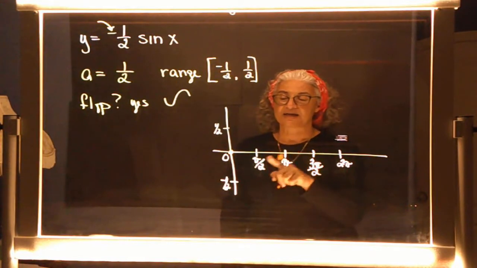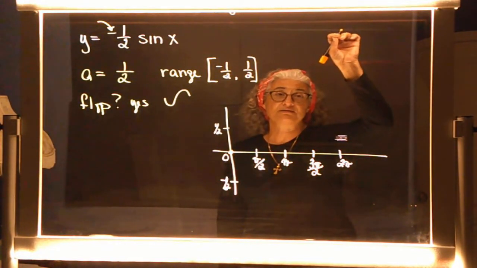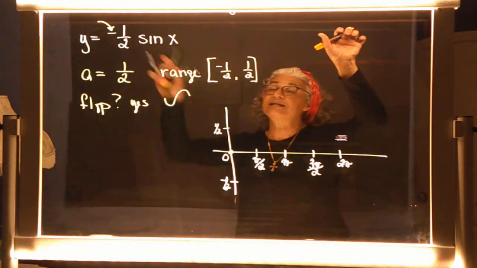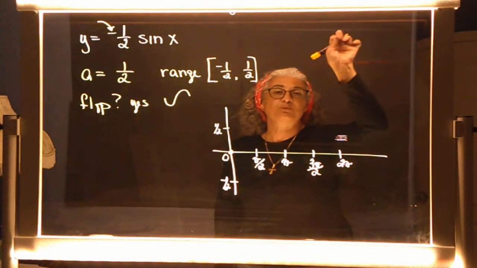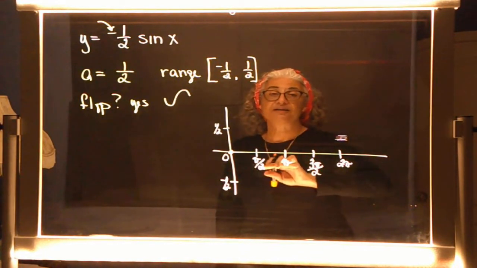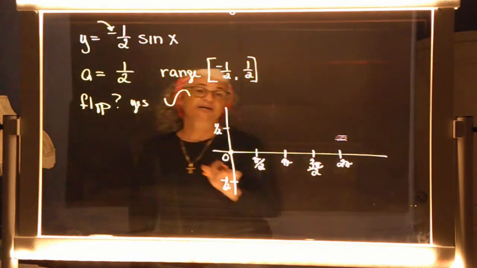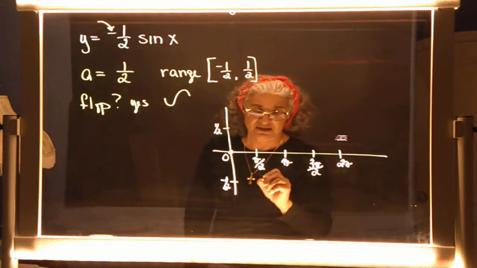Okay. Now I'm looking at pi over 2, which was up here on our circle, right? Remember the coordinates up here. Sine is the y coordinate. So what's the y coordinate? Good, that's a 1. So the sine at pi over 2 is 1. So you're going to take 1 and multiply it by a negative 1/2, aren't you? Which will give you a negative 1/2.